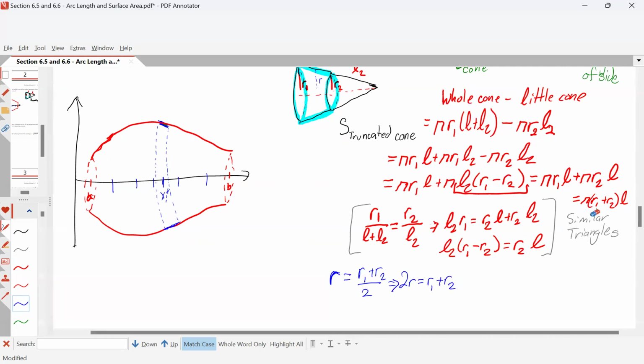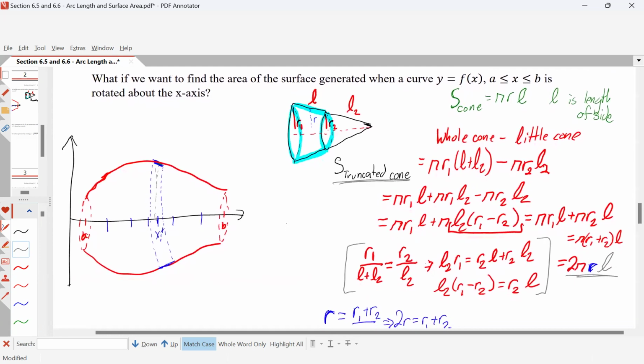Meaning, from these similar triangles and from that average, we get 2 pi R for that radius in between, times L, as the surface area of the truncated cone. That was the whole aim. What that formula gives us is, if I can identify what a radius is in this picture and what that length is, already mentioned previously, we can find our surface area formula.